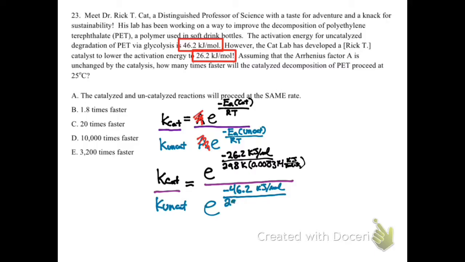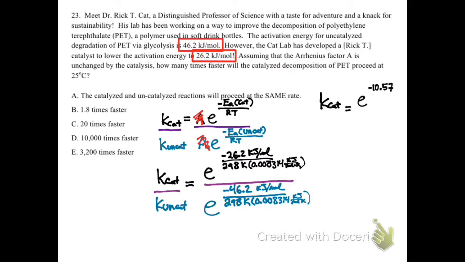Again, our temperature is 298 K. And our constant is 0.008314 kilojoules per mole Kelvin. Okay, and kilojoules per mole Kelvin, this will all cancel out, so the kilojoules, the moles, and the Kelvin. So now I like to simplify these before going any further.